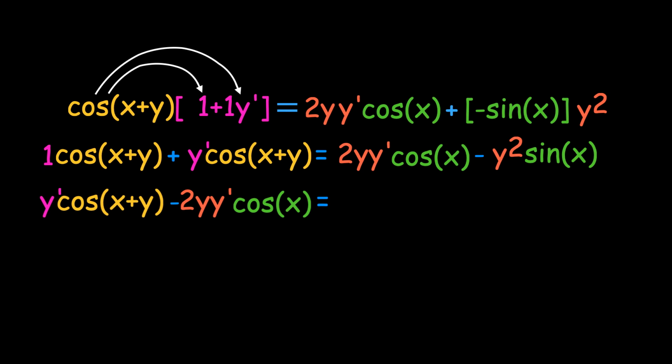And that is equal to, we need to transfer cosine of angle x plus y to the right side of the equation. Since it is from the left, it will become negative. And then y squared sine of angle x will remain on the right side of the equation. So we have minus y squared sine of angle x.